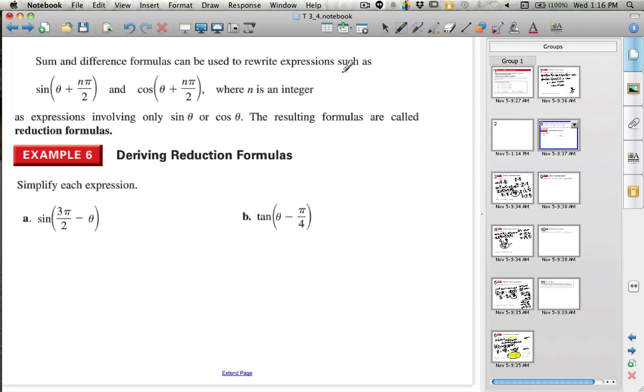Okay, so sum and difference formulas can be used to rewrite expressions like these, where n is an integer. We have an angle plus another angle, as expressions involving only sine of theta or cosine of theta. The resulting formulas are called reduction formulas. So if we want to go ahead and derive these, we want the difference sine and the difference tangent.